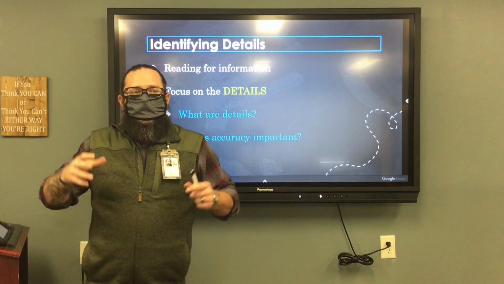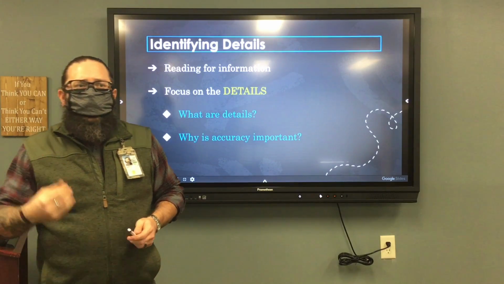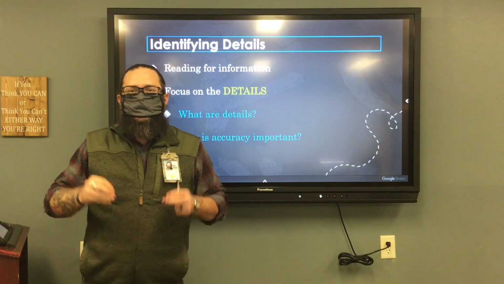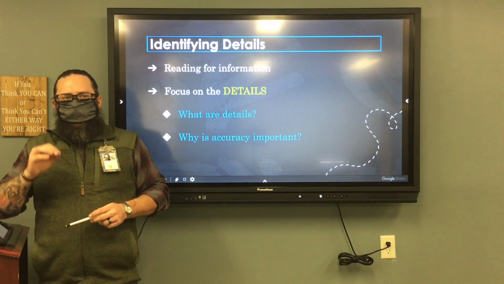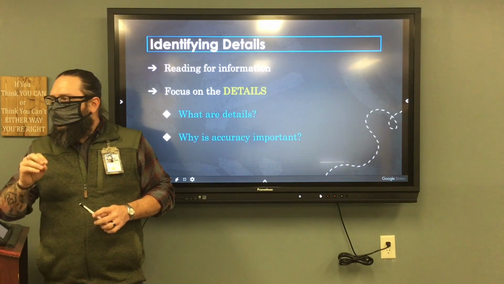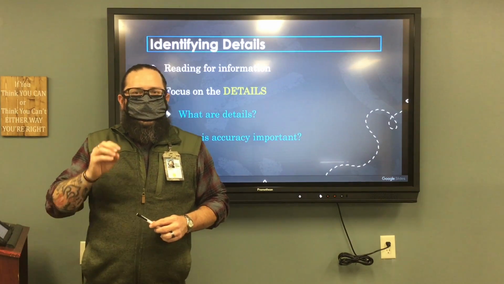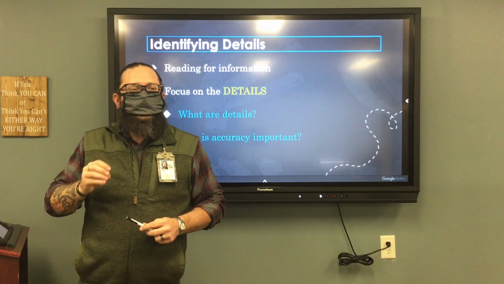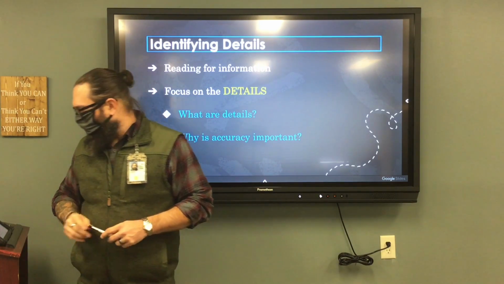Absolutely. Ultimately, the reason why accuracy is so important is we want to make sure that we are getting the right information. So it is critical that when we are reading for information, when we're reading a text, that we are looking for specific information and that we are finding the right information.